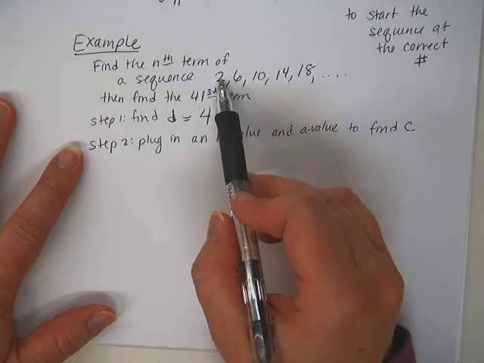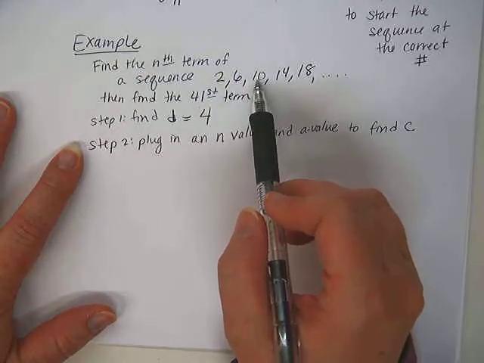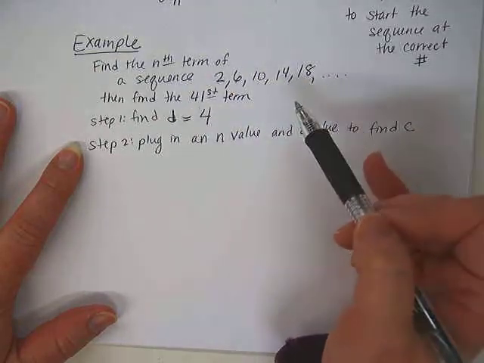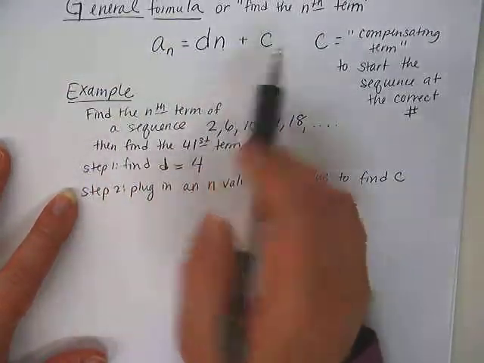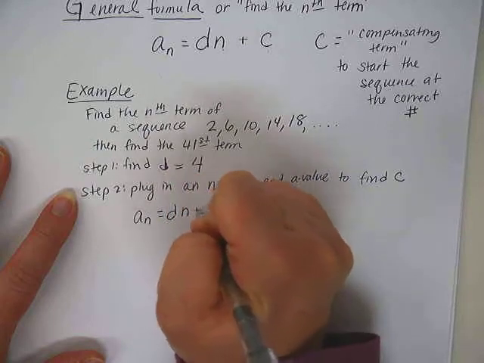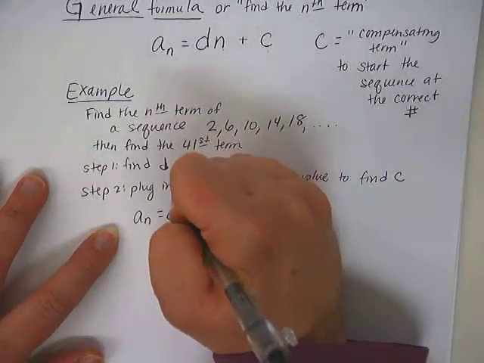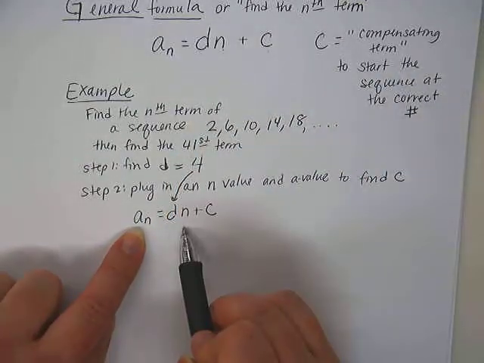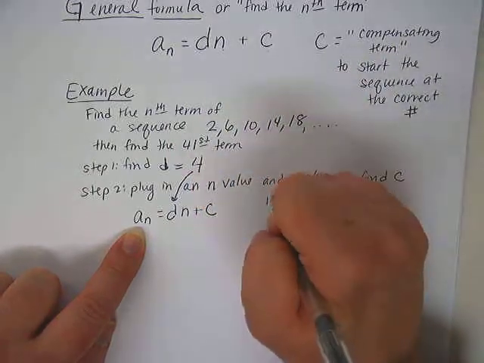So we have a list of our sequence. This is a sub 1, a sub 2, a sub 3, a sub 4, a sub 5. And so that means n equals 1 when a equals 2. N equals 2 when a equals 6. N equals 3 when a equals 10. So pick one of those sets of numbers, and let's use our little formula we just learned: a sub n equals dn plus c.